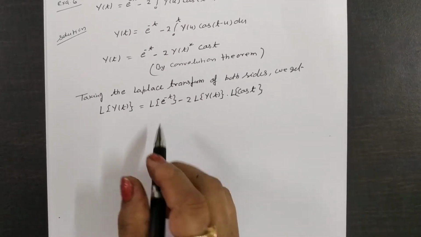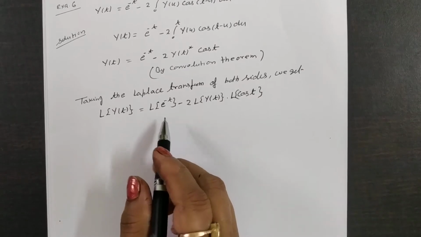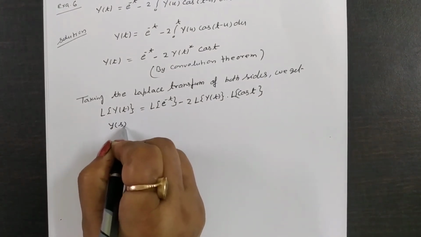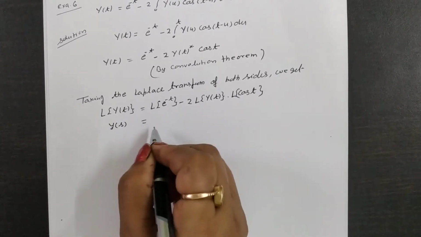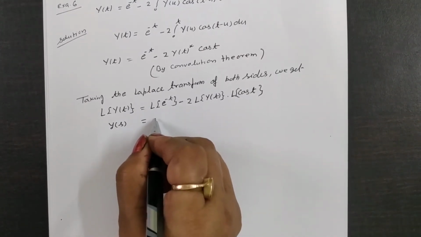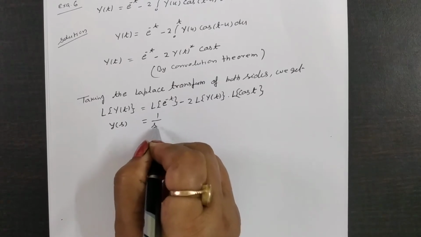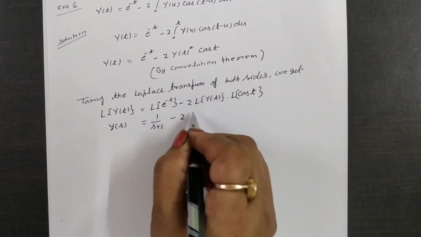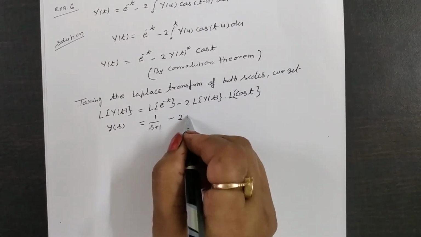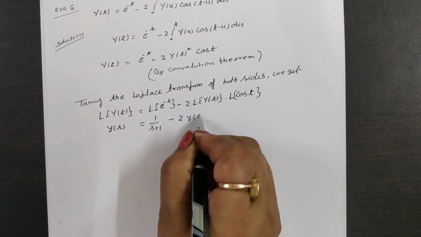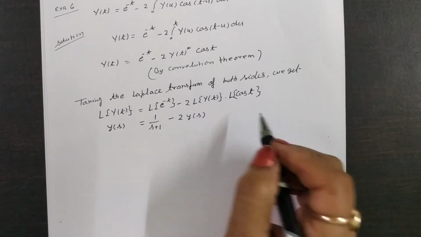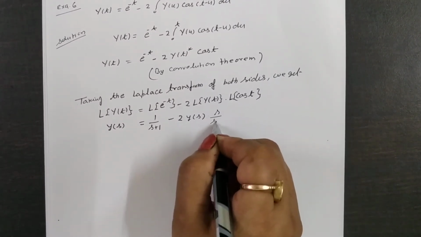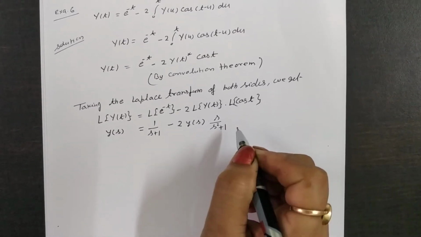Now the Laplace of y(t) is Y(s), and the Laplace of e^(-t) is 1/(s+1), minus 2 times Y(s), and you know the Laplace of cos t is s/(s²+1).